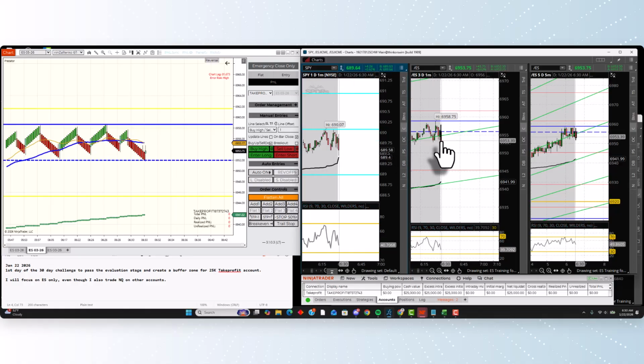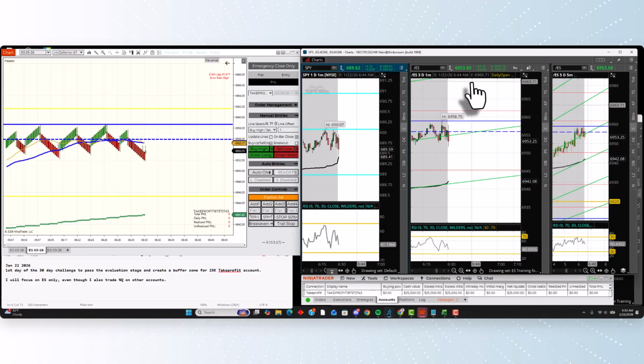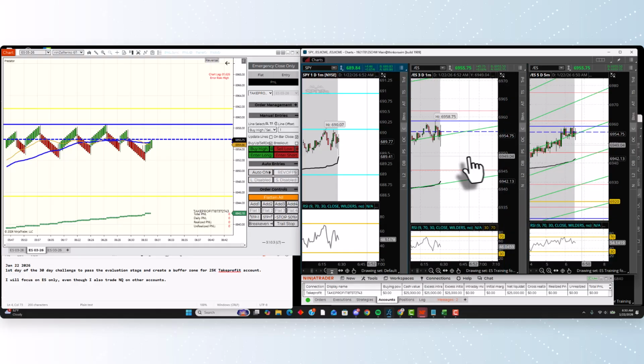So the open here was 69.56, somewhere there.